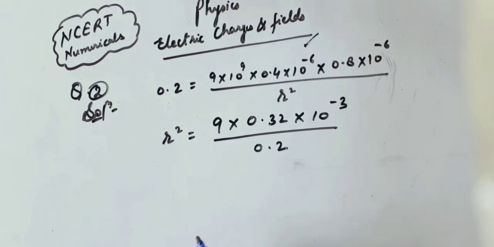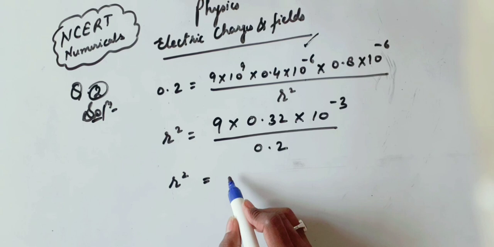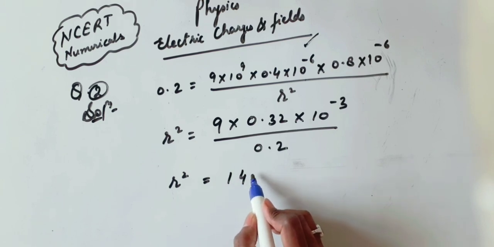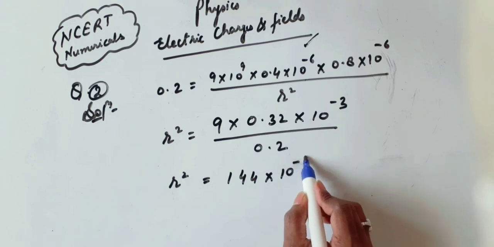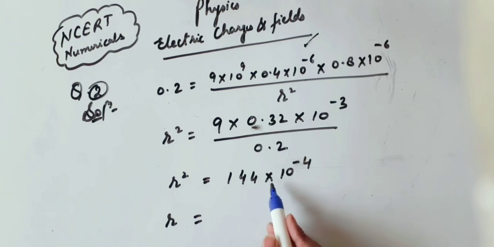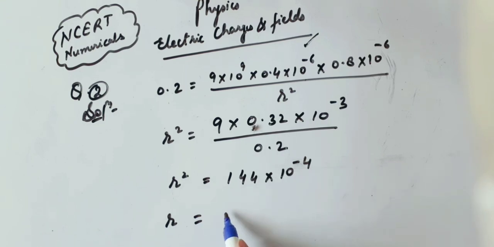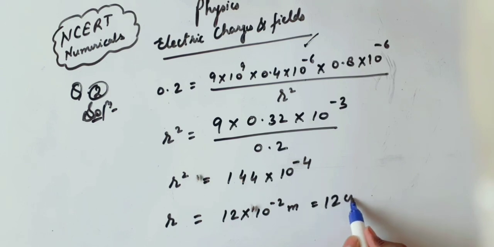On solving this, we will get R square equal to 1 into 144 into 10 to the power minus 4. So R will be equal to root over 144 into 10 to the power minus 4. We will get 12 into 10 to the power minus 2 meter, or it can be written as 12 centimeter.